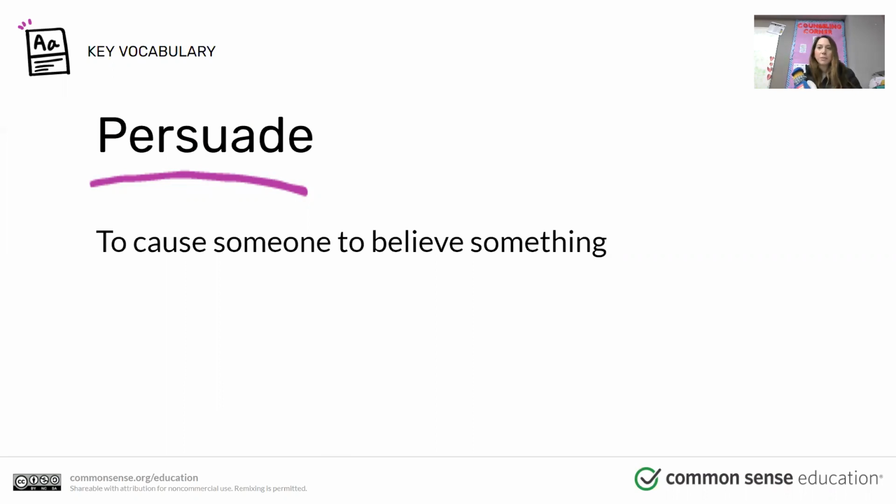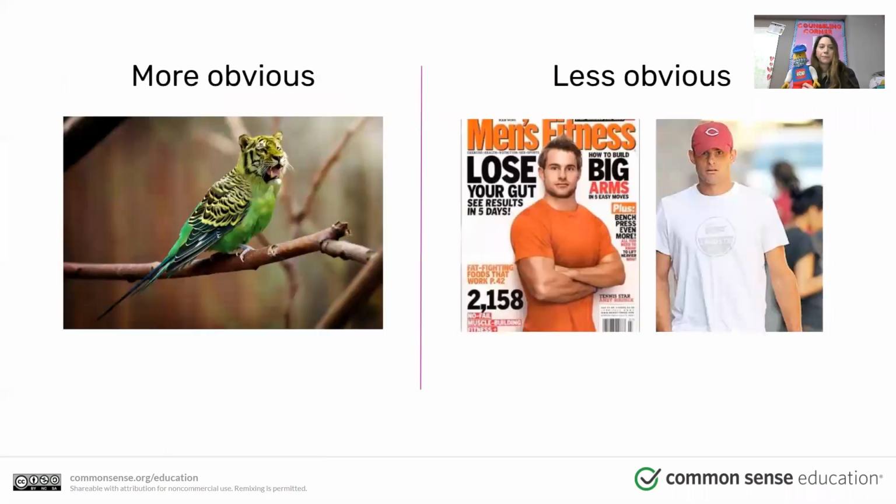A lot of the times people do this through altering pictures or videos, trying to persuade others into believing a certain way, believing that something is true. We have to be really careful, because a lot of the times that's just somebody's opinion, what they want to get other people to think. It may not be the truth. So we have to be looking for truth and finding what's real when we're online.